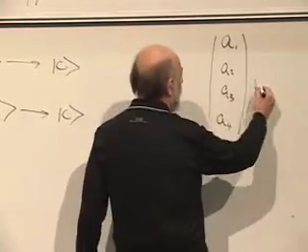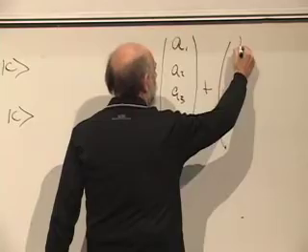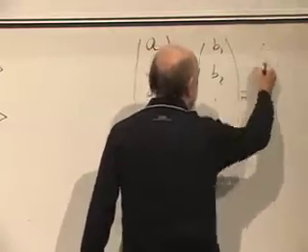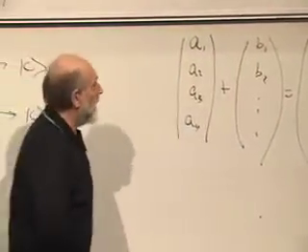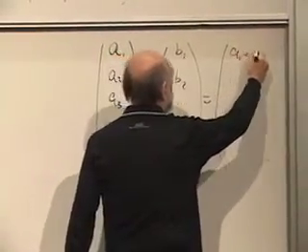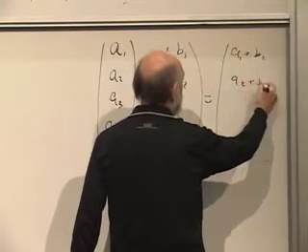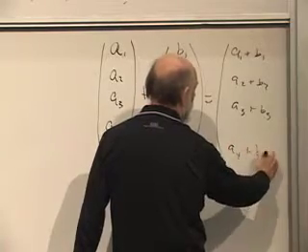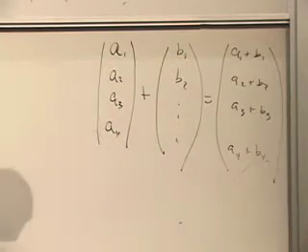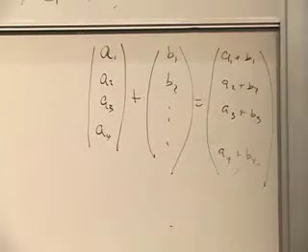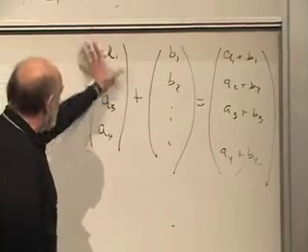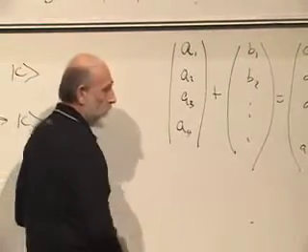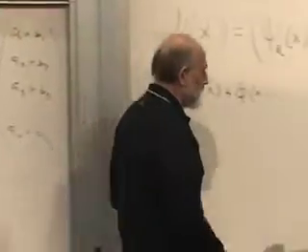You can add 2 of them by the following operation. Let's call the second one b1, b2, dot, dot. And define, this is the definition of adding them, a1 plus b1, a2 plus b2, a3 plus b3, a4 plus b4, and so on. You can also multiply them by constants. If I want to multiply the vector a by a constant, let's call that constant alpha again, all I do is multiply the entries by alpha.